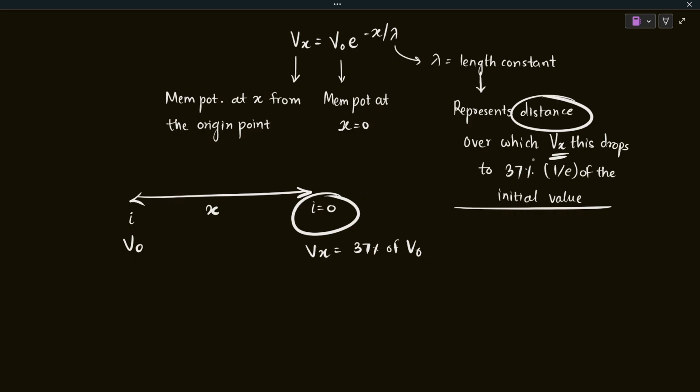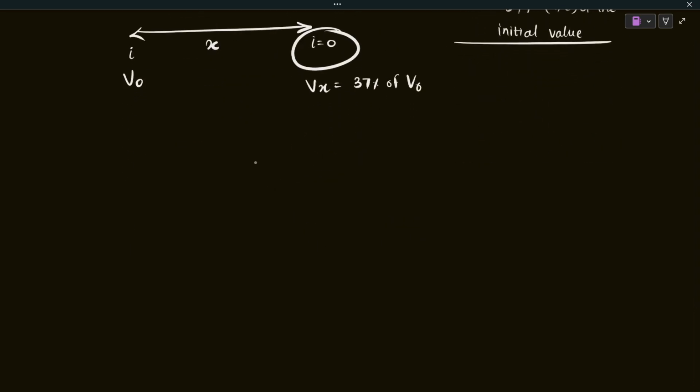When a membrane potential decreases due to the resistances, by equation we represent that lambda depends on the membrane resistance as well as the axial resistance, and that is why lambda is equal to the square root of the membrane resistance over the axoplasmic resistance, because this tells us about the distance at which the membrane potential is going to decrease, and we already know that the membrane potential decreases due to the resistance offered by the membrane.